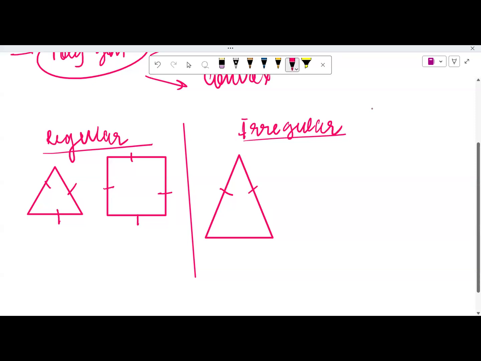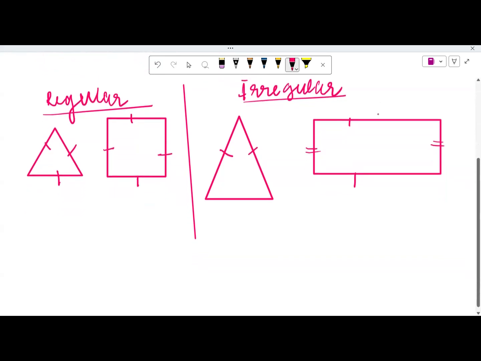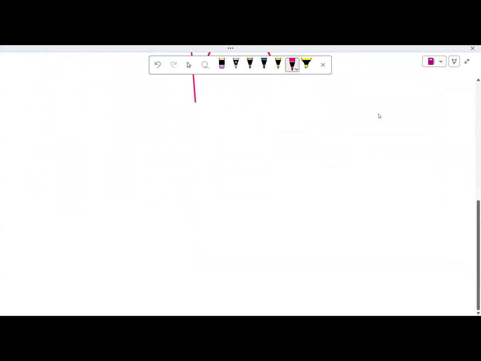Or take a rectangle: this side is equal to this side, but the other two sides are not equal. So when all the sides are equal, the figure is known as a regular polygon, but when all sides are not equal, it is known as an irregular polygon.